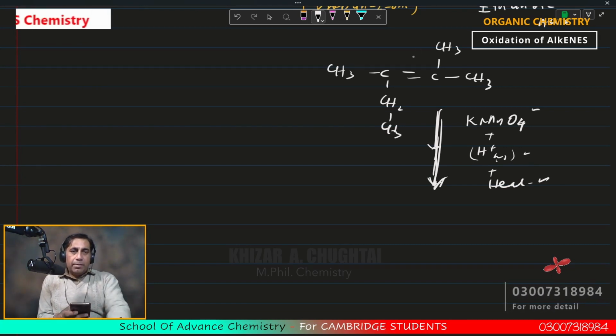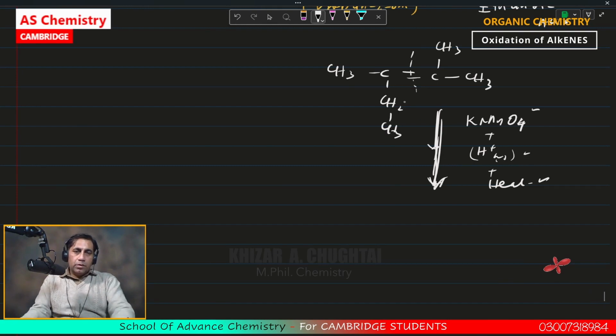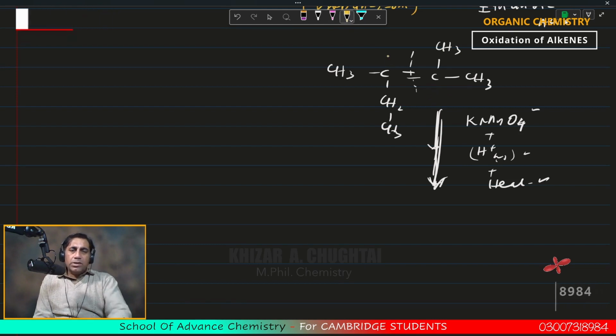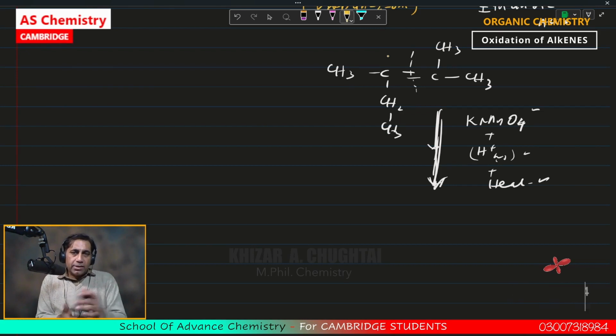Good. This double bond will be cut into two parts. Step number two. Just follow the steps. Don't try to search out what it's going to be. Simply do what I told you next.